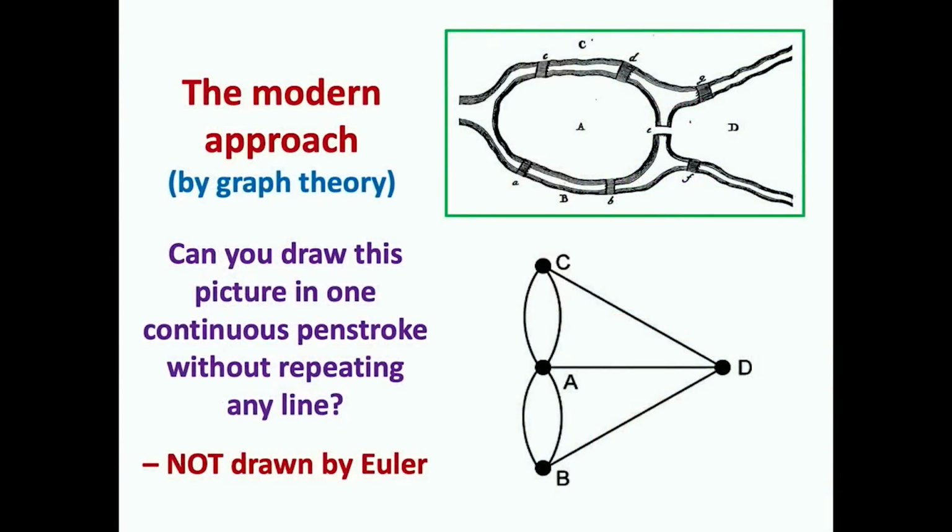The problem is then to draw the graph in one continuous pen stroke, so you've got to draw the graph without repeating any line. And the condition for solution is now that the number of vertices of odd degree is either 0, in which case you end up where you started, or 2, in which case you start in one odd degree vertex and end in the other.